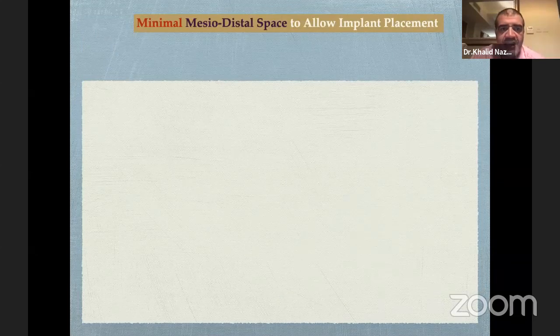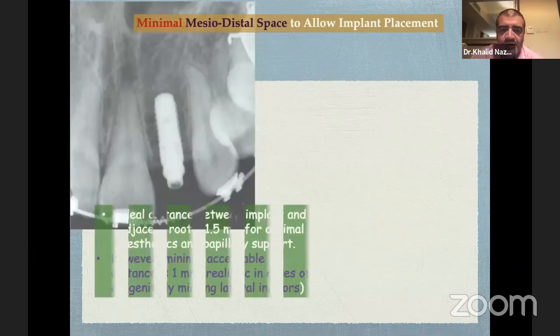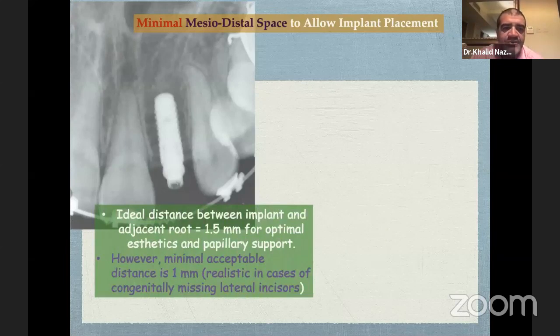So I made a small table here just to explain to my orthodontic colleagues that for ideal placement of an implant, we need a distance of 1.5 millimeters between the implant surface and the adjacent root. And this distance is crucial to provide an ultimate aesthetic and functional relationship between the tooth and the implant adjacent to it.